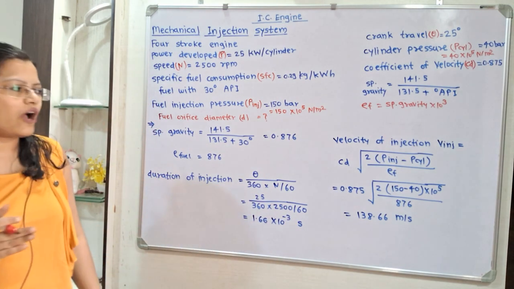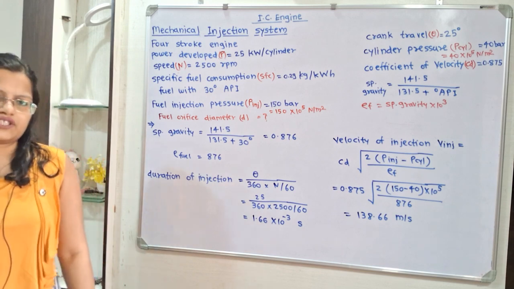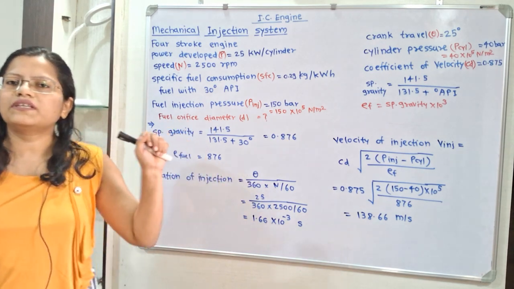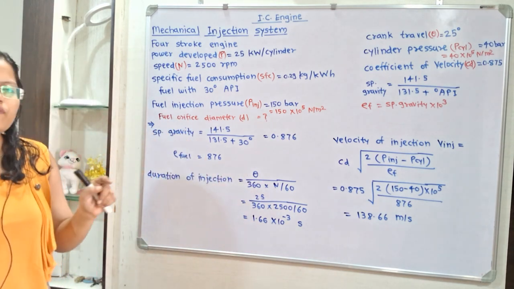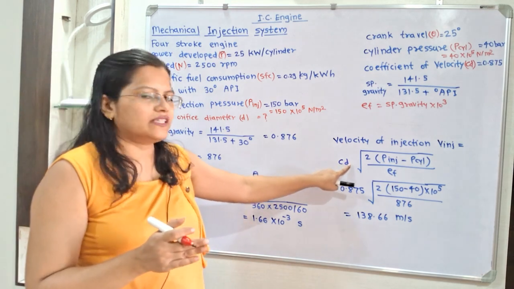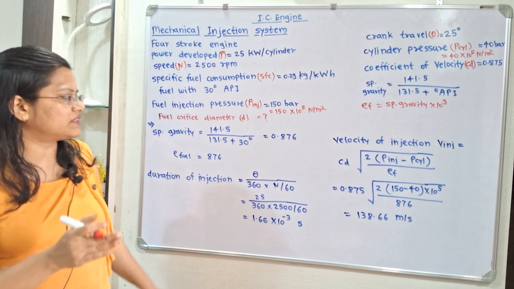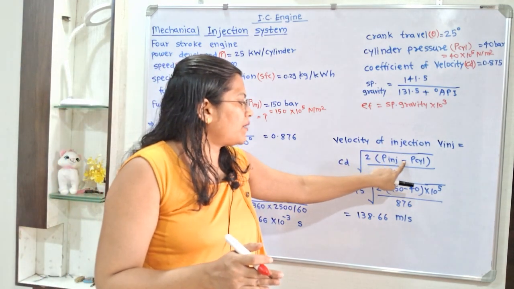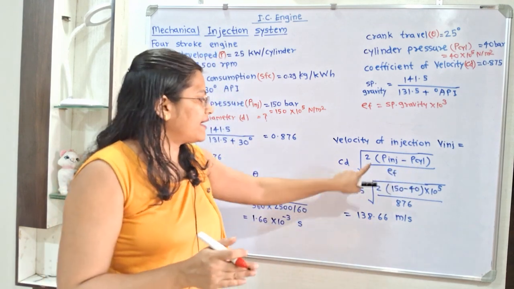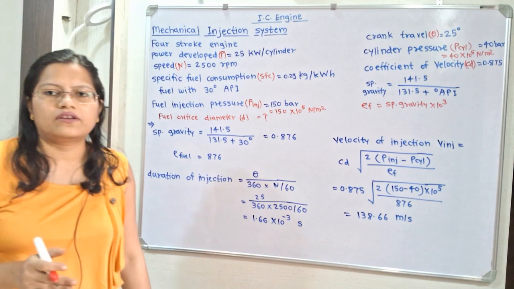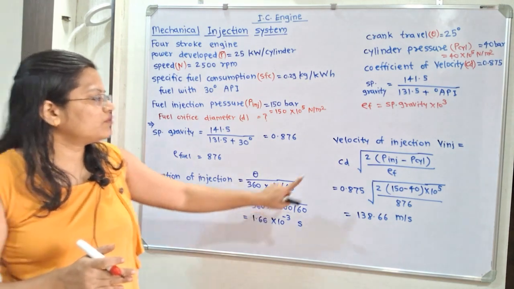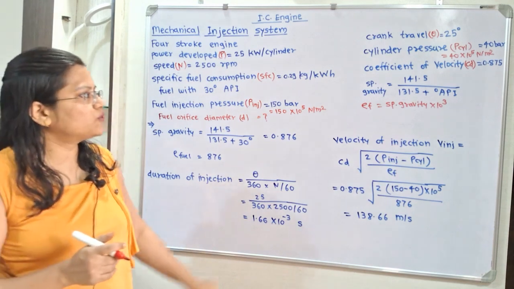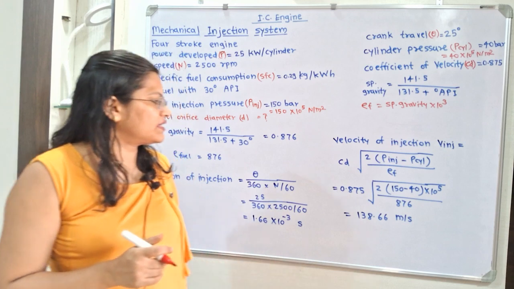Now we will find the velocity of the injection. This is the duration of injection, and now the velocity of the injection. The velocity of injection formula is CD, that is the coefficient of velocity, times the square root of 2 times injection pressure minus cylinder pressure, divided by the density of the fuel, that is rho f. I have used these notations here. We put in the values: CD is 0.875.